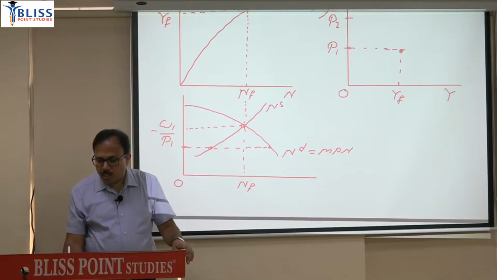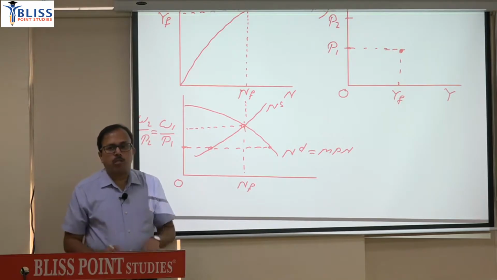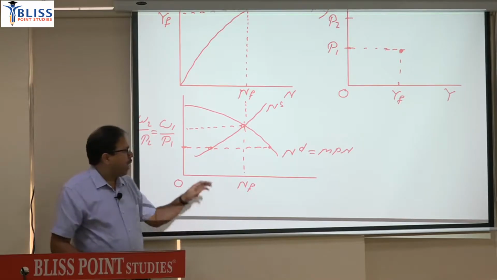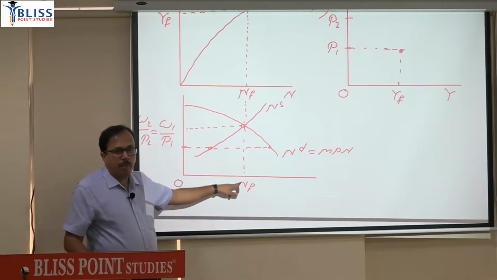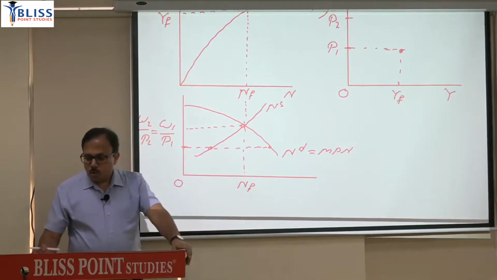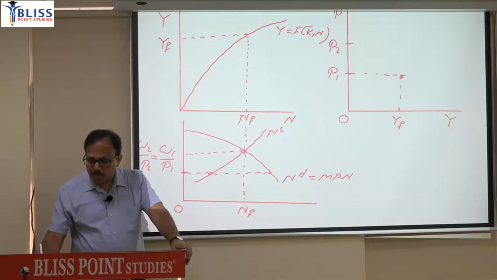If price has increased from P1 to P2, wage must also rise from W1 to W2 in the same proportion, so that the real wage remains the same. If the real wage remains the same, employment and output remain the same. So although price is higher, output remains the same. You get a second point.